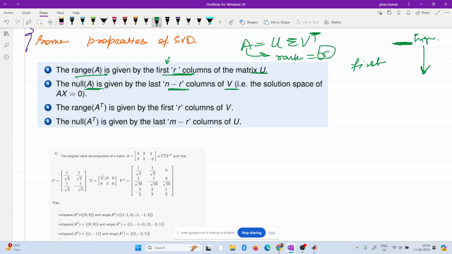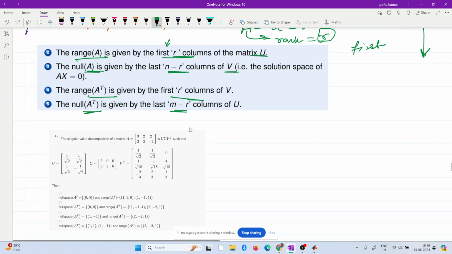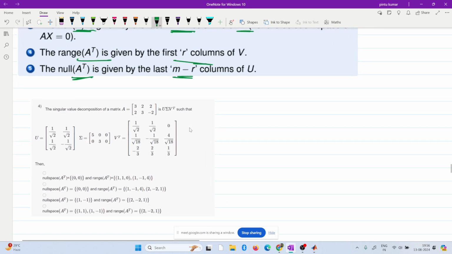For A transpose, the range is the first R columns of V, and the null space is the last M minus R columns.